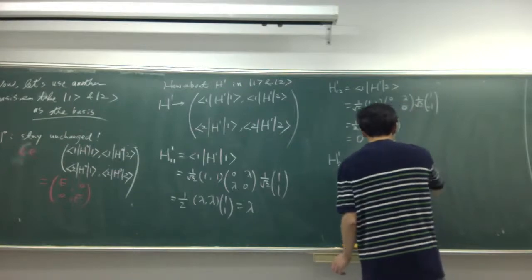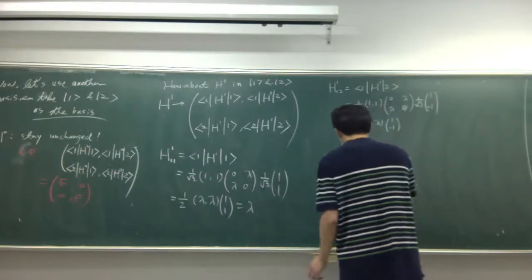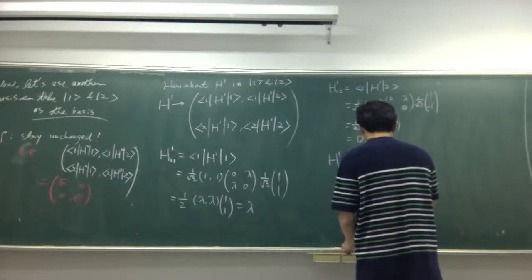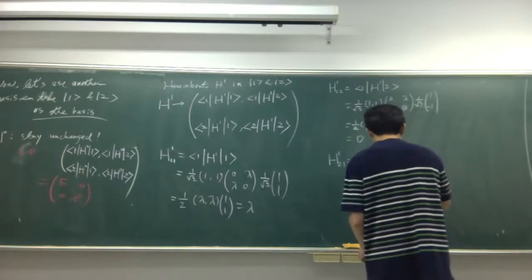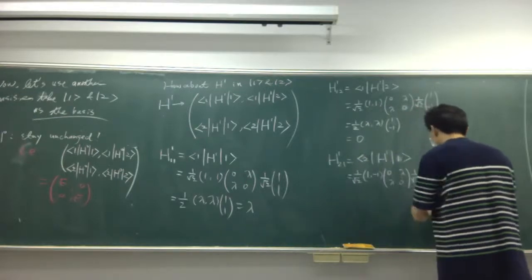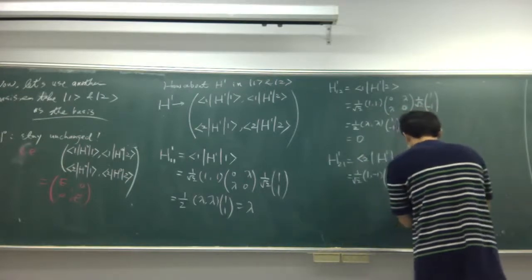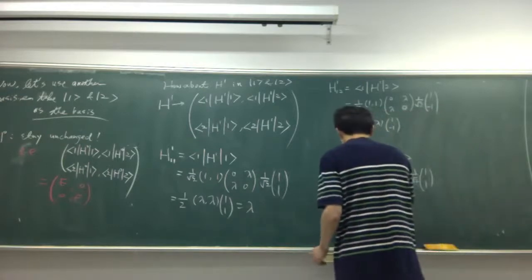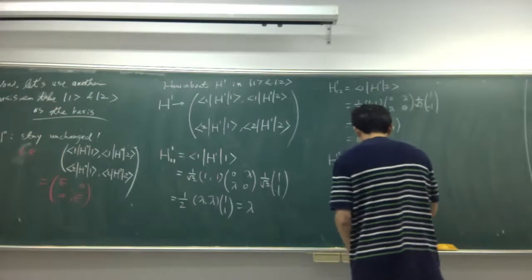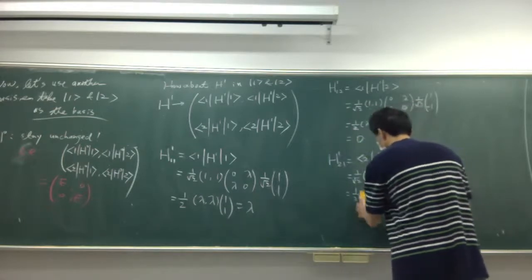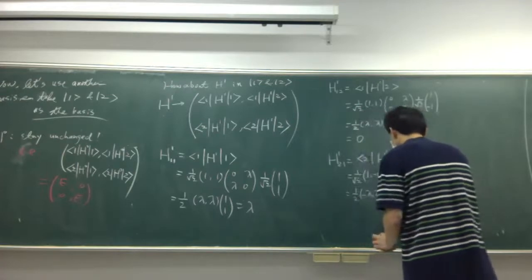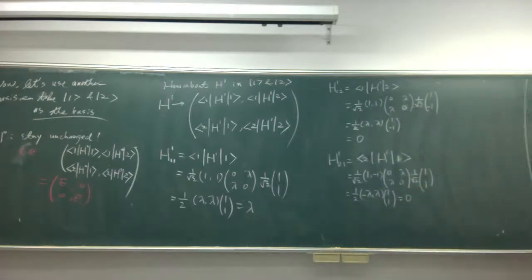You can do that by yourself right now. So 1 over square root 2 times (1, -1), 0 lambda lambda 0, 1 over square root 2 times (1, 1), equals 1/2 times (lambda minus lambda), which is 0. Yes, happy.